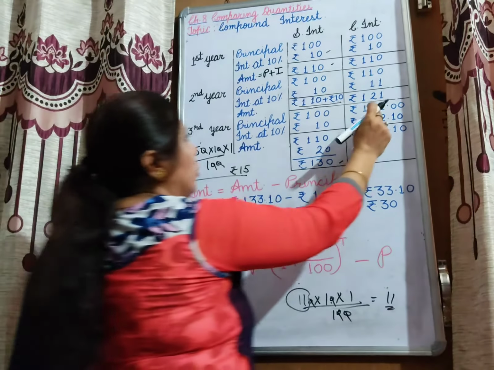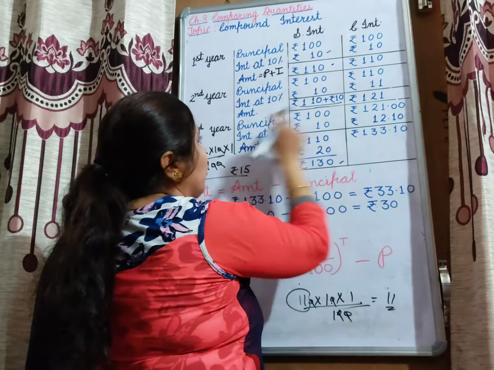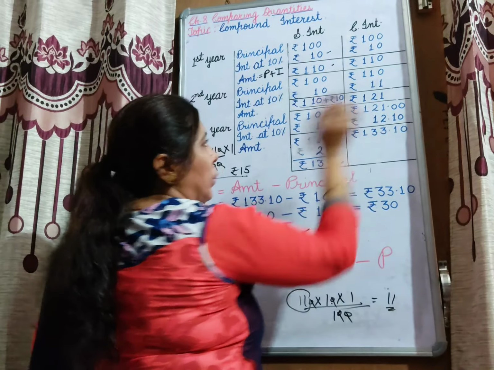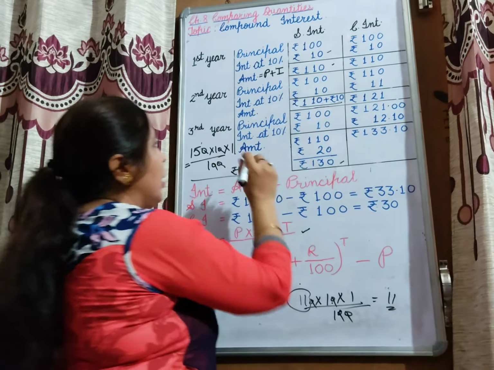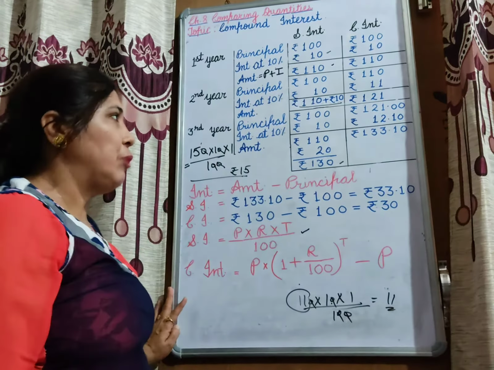But in compound interest, for the third year, what is the principal? In compound interest, the previous year amount we consider as next year principal, that is rupees 121. Now, what is the interest rate? That is 10%.